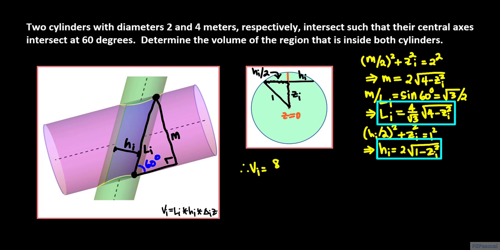Or v sub I equals 8 divided by the square root of 3 times the square root of the product of the quantities 4 minus z sub I squared and 1 minus z sub I squared.